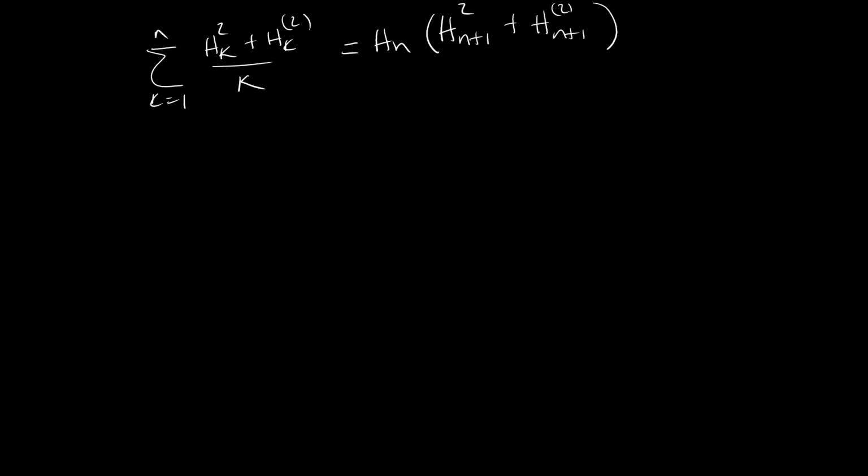Plus the summation from k equals 1 to n, where A_k is going to be H_k and b_k is going to be H_k plus H_k squared, minus b_{k+1}, which is H_{k+1} plus H_{k+1} squared.